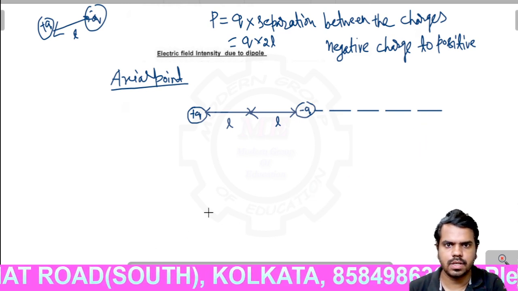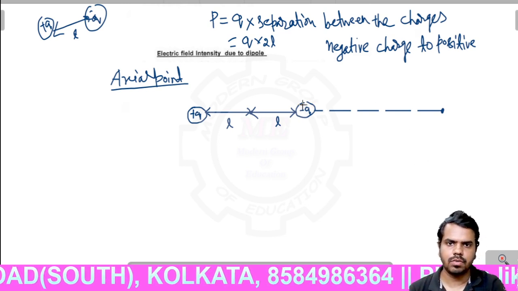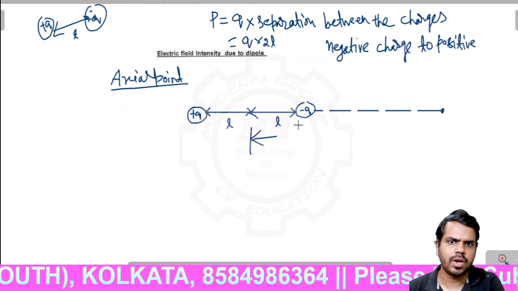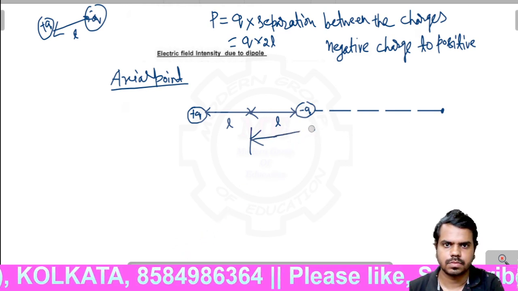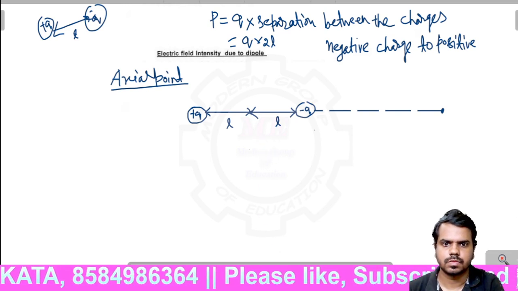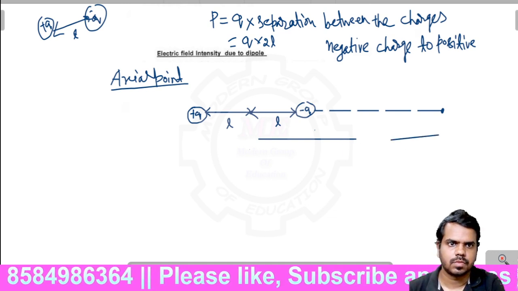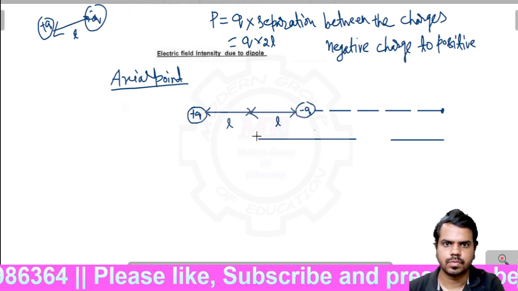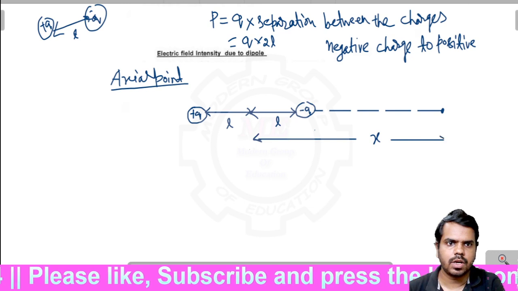So let's find the electric field intensity at that point. This is the axial point. Now assume that the distance of the point from the center of the dipole is x.